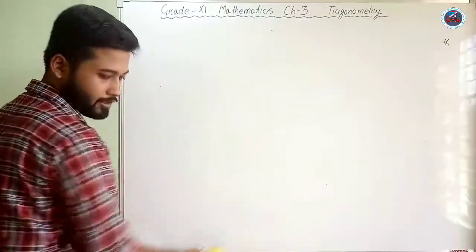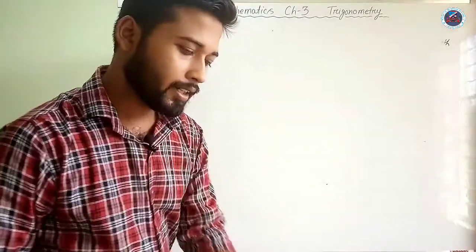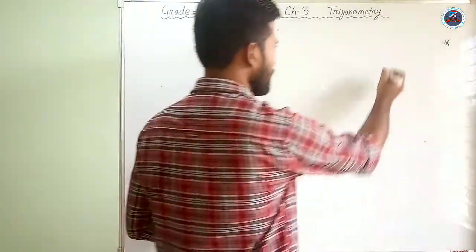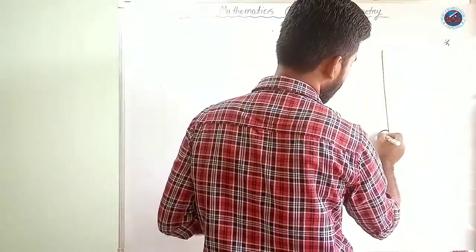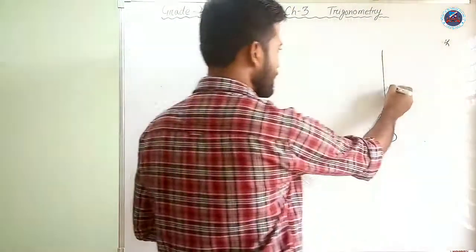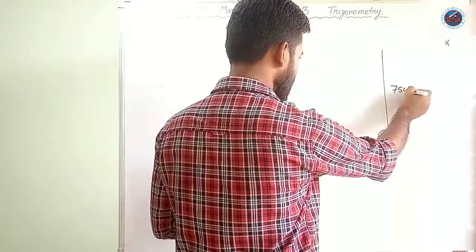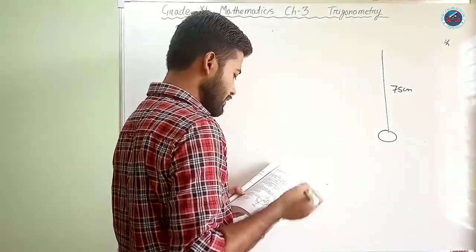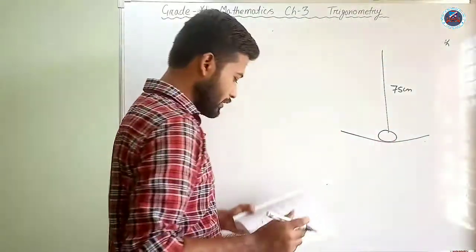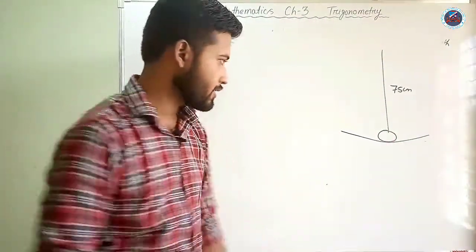Here it was given to find the angle in radian through which a pendulum swings. So let me consider that this is the pendulum and it swings. If its length is 75 centimeter, here the length of the pendulum is 75 centimeter, and its tip describes an arc length. So it describes an arc length of what? If we take question number 1, it is 10 centimeter.